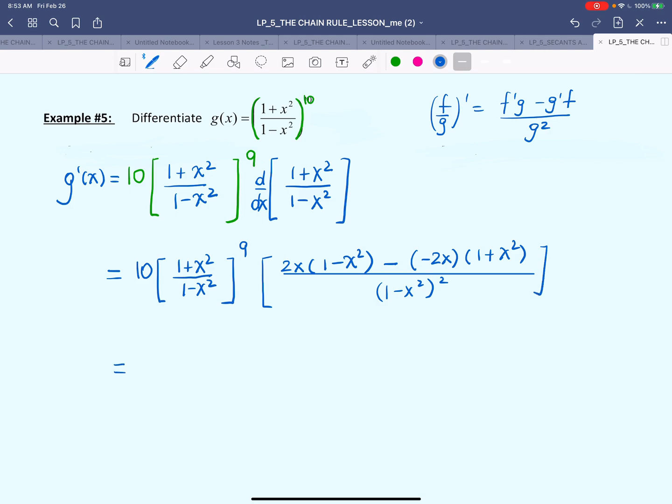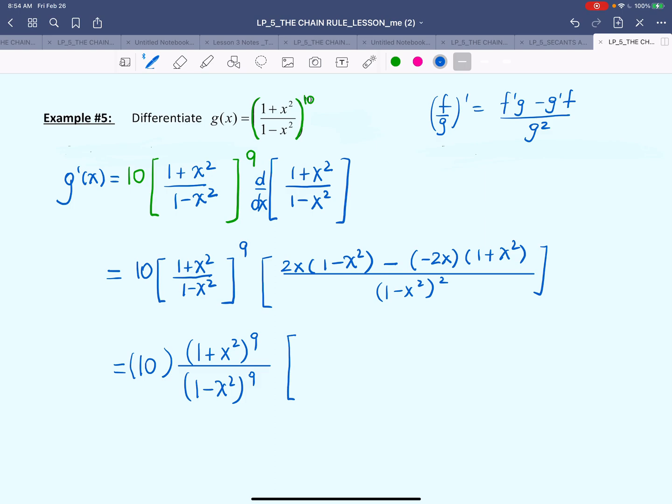So next step, 10. And I'll do something fancy to this power in here. So I will assign the power of 9 to each numerator and denominator. You will see why. Or you've probably already seen why. So 1 plus x squared to the power of 9. 1 minus x squared to the power of 9.